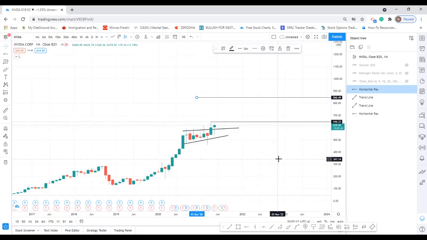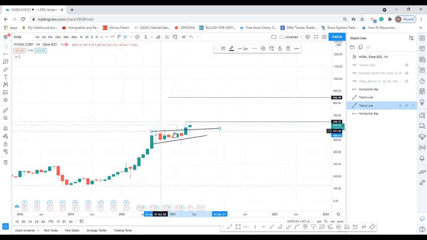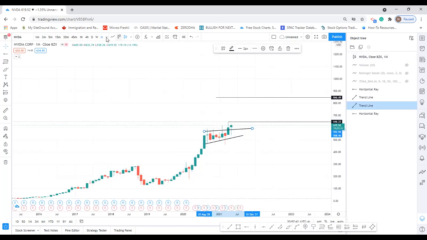Next year is 2022. So 2022 December, you will see $1,000, even if they're splitting, if you combine together. Why? Because this is a very powerful pattern. It gave the breakout, making higher. This is still a bullish candle, so you will see $900 next year coming for NVDA.